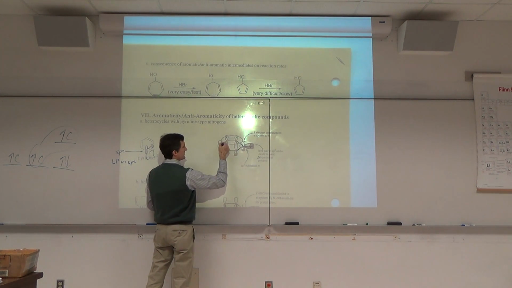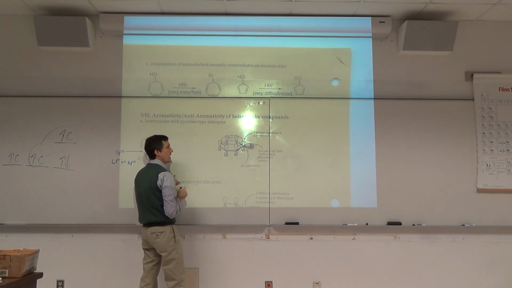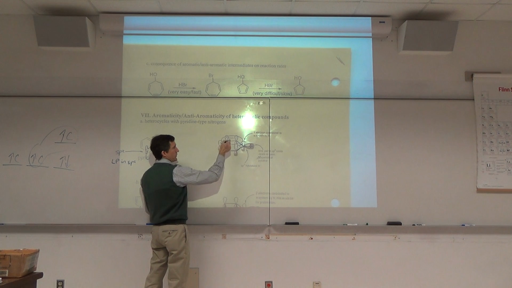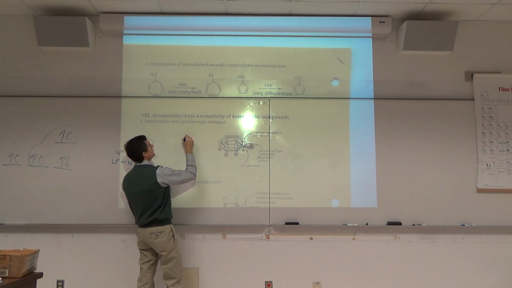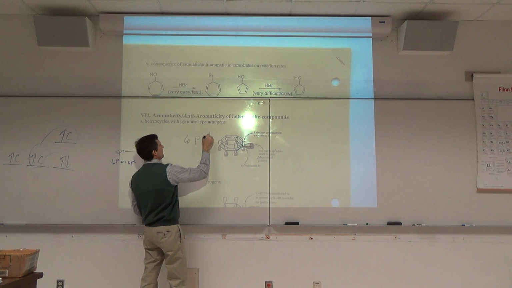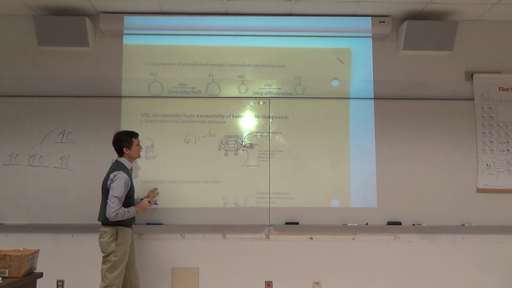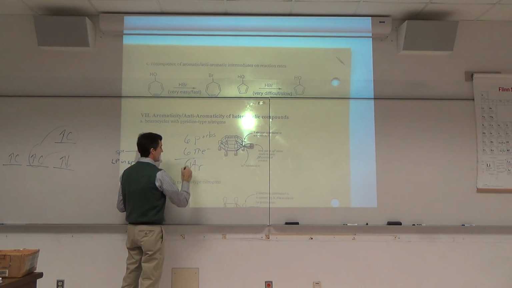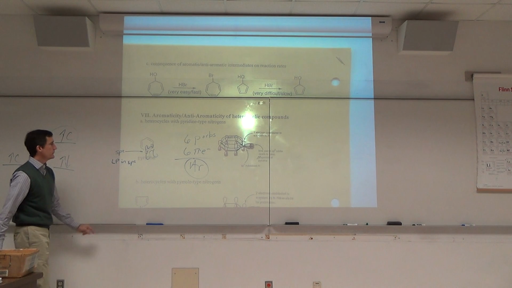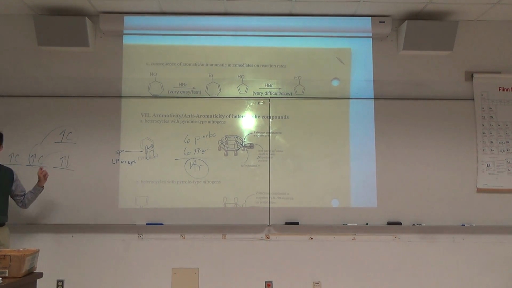Basically, you've got two carbon-carbon pi bonds and then a carbon-nitrogen pi bond. Of course, we know that it's all continuous overlap, so how many p orbitals? 6. How many pi electrons in the system? 6. What do we got? Aromatic. But importantly, the lone pair is not in the pi system. The lone pair is in the hybrid.